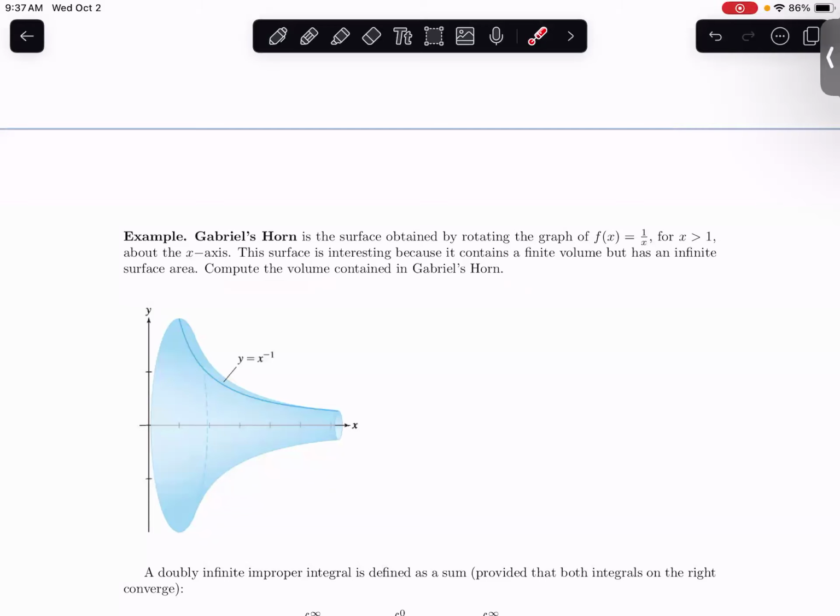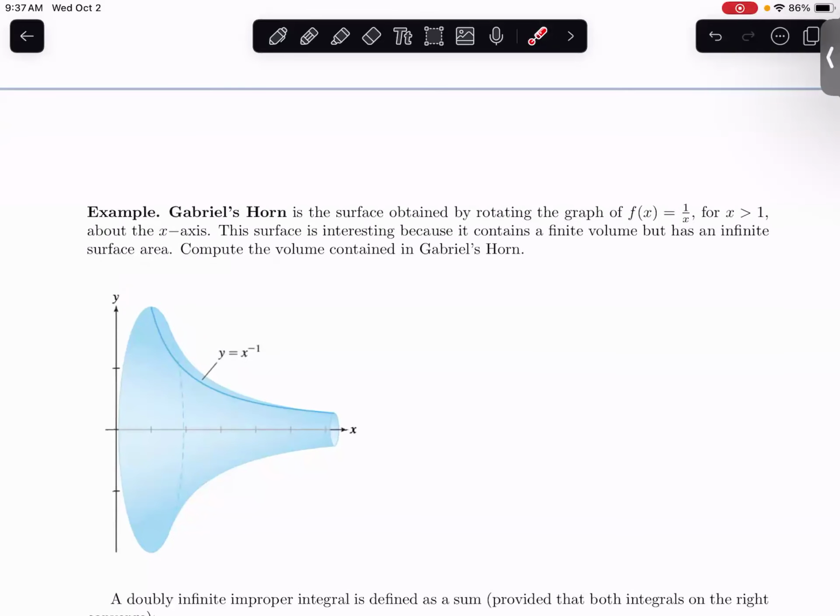This goes back a couple of weeks, so I don't know if people remember, but we're taking a curve y equals 1 over x, which is really this curve right here, and then rotating it about the x-axis, right? So we have a volume of rotation, or volume of revolution, which was on the first exam.